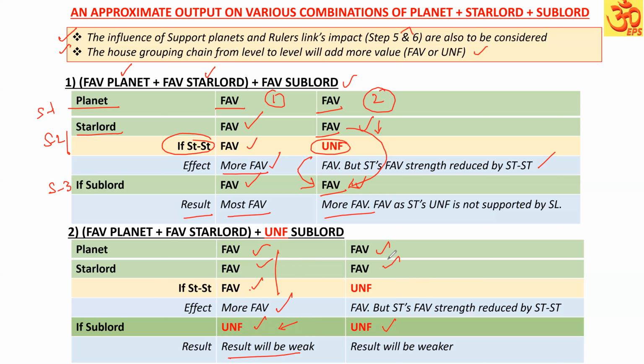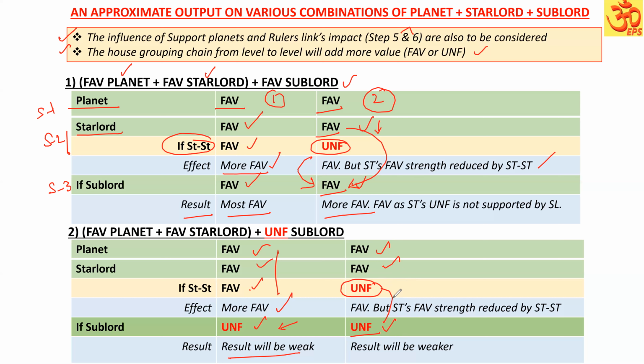In the next option, planet is favorable, Star Lord is favorable, Sublord is unfavorable, and Star Lord of the Star Lord also unfavorable. Two consecutive levels are unfavorable. Though Star Lord of the Star Lord is a secondary level, it and the Sublord are both unfavorable.